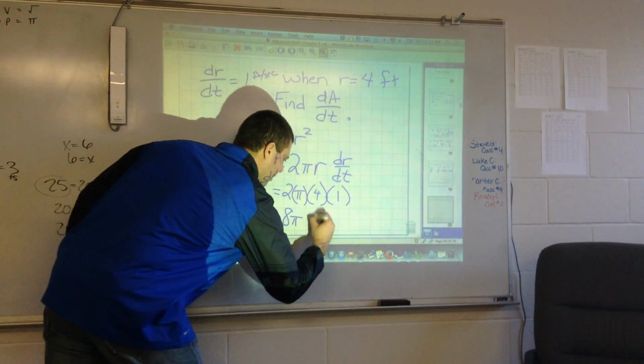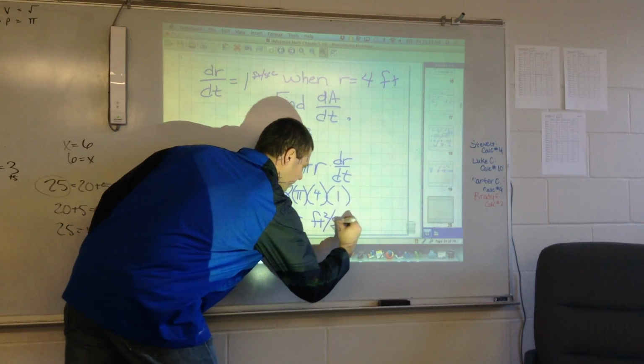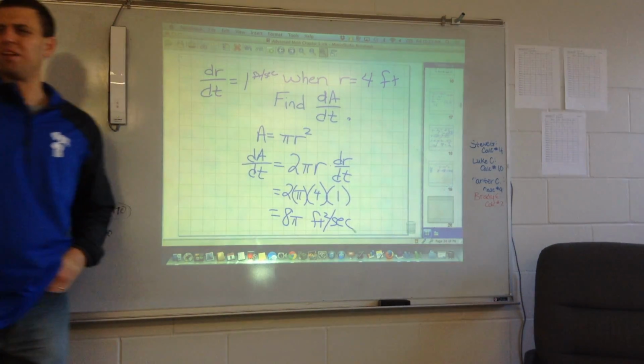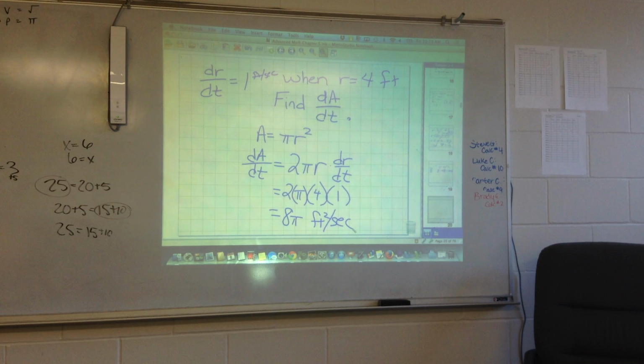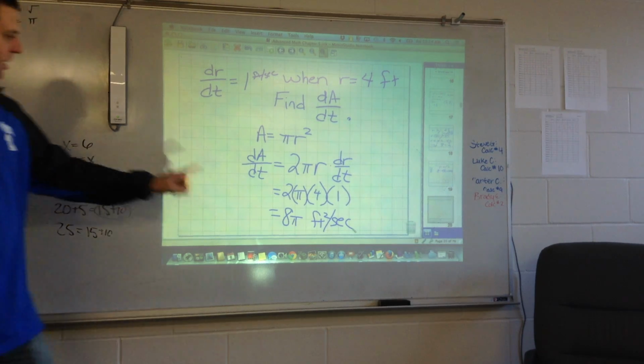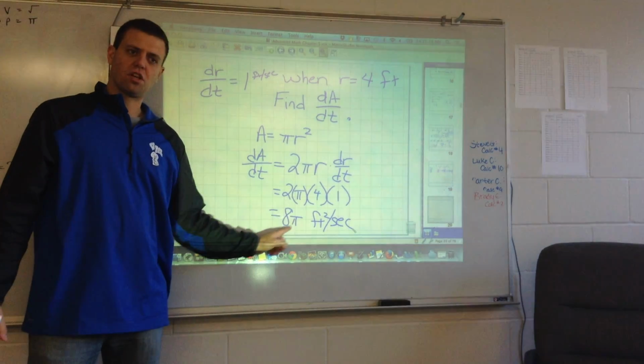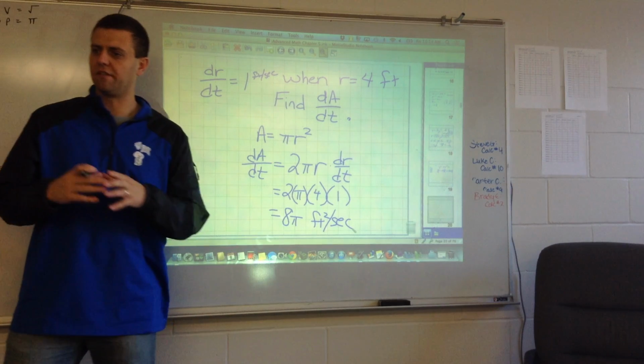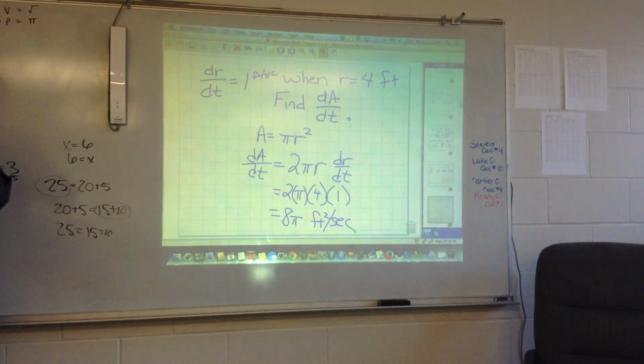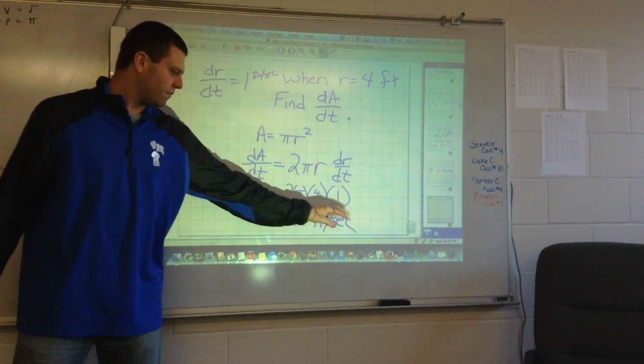So therefore, feet squared per second. So at that very moment, when the radius of that circle got to 4 feet, the area of that circle is changing this quickly. That's the instantaneous rate of change of the area of the circle: 8 pi feet squared per second.